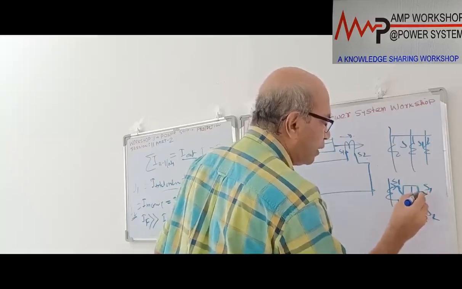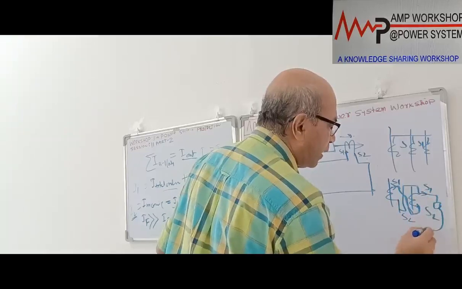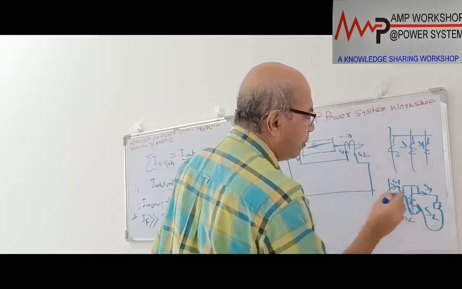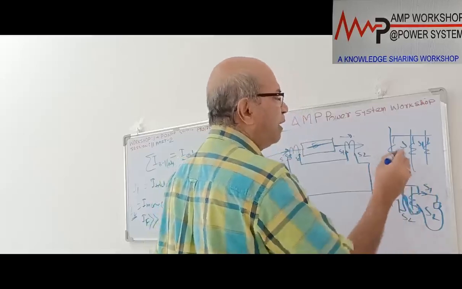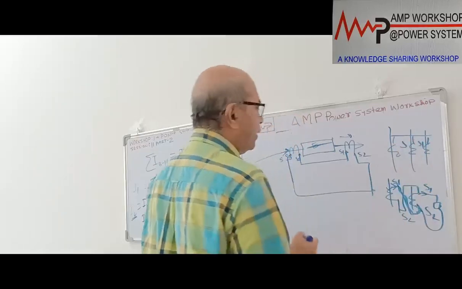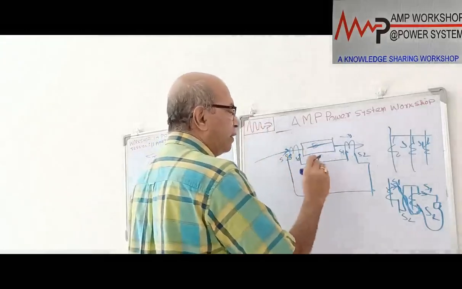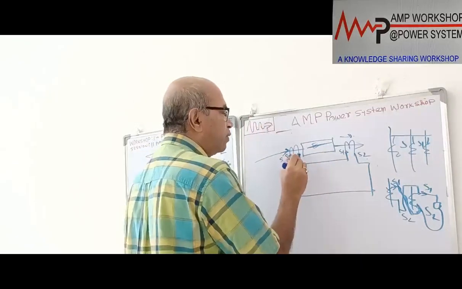So you see this S1 is going from here to the relay, and from the relay it is coming back. So this current will be in the reverse direction, so it will be minus. When S1 is connected to S2, the current will be the difference. It will be subtracted.